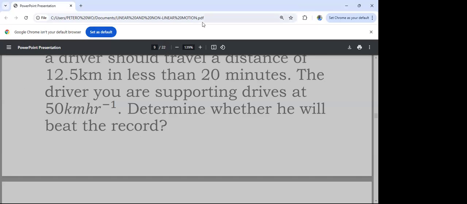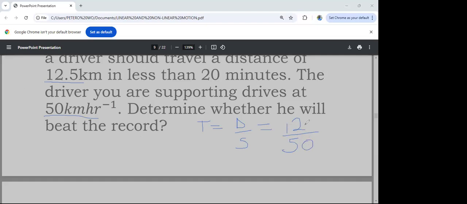So she's saying that we are going to use from our triangle, because we are looking for time. Time, if you remember well, was distance divided by speed. So from that, our distance is 12.5 kilometers and the speed is 50 kilometers per hour.